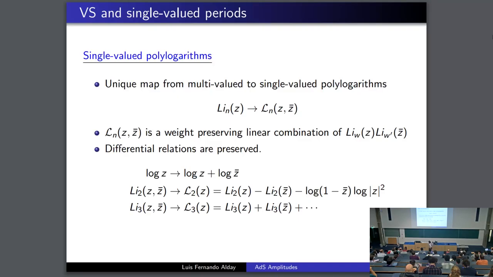But the point is that mathematicians give a list of conditions, and in particular, I didn't write it because I didn't want to be too technical, but this vanishes as you take z bar to 0. And with this list of conditions, this map is unique. So the map is unique, and because of that, this is a very well-defined construction, okay? And of course, what I am showing you here doesn't seem so cool, because I am just talking about the usual zeta values.